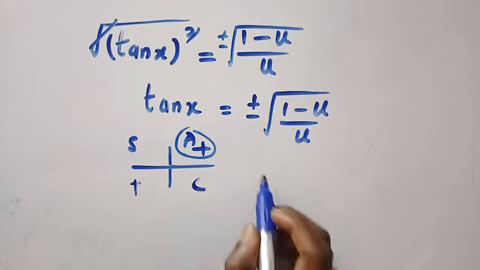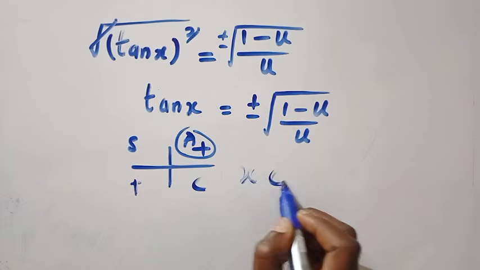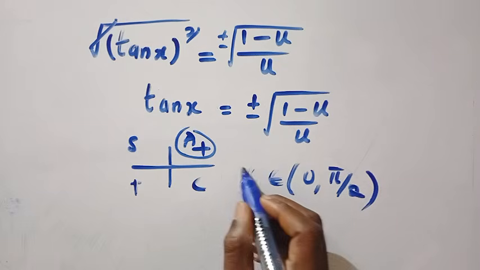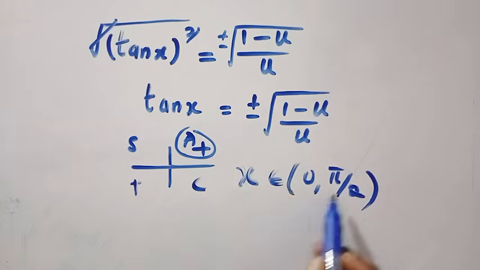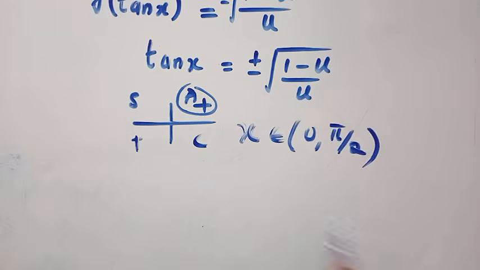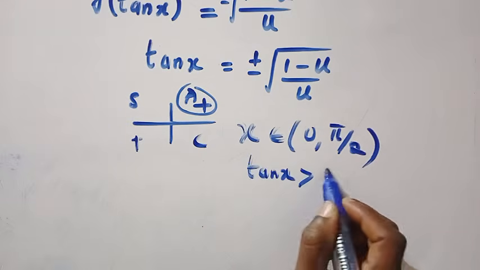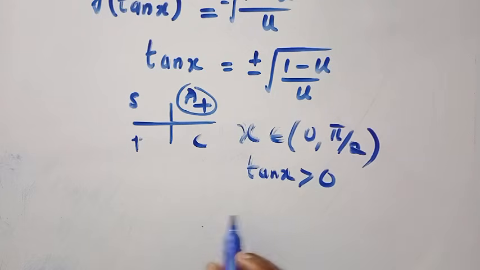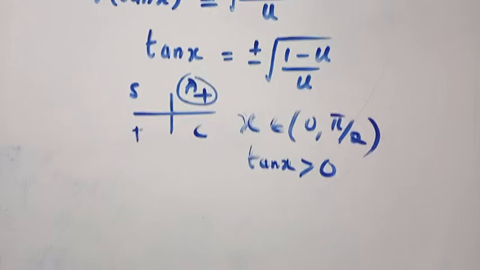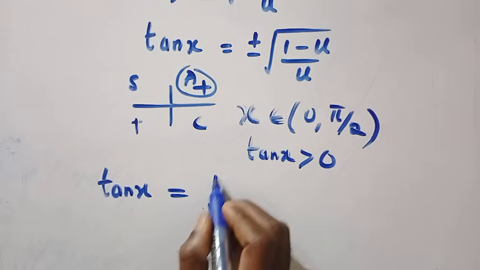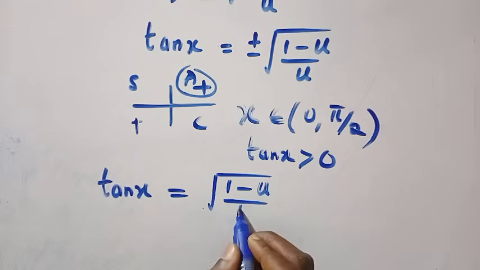If we limit ourselves to x being a member of 0 to pi over 2, which is 90 degrees, meaning the first quadrant, then we have tan x greater than 0, considering x is a member of (0, pi over 2). Therefore, tan x equals the square root of 1 minus u divided by u.